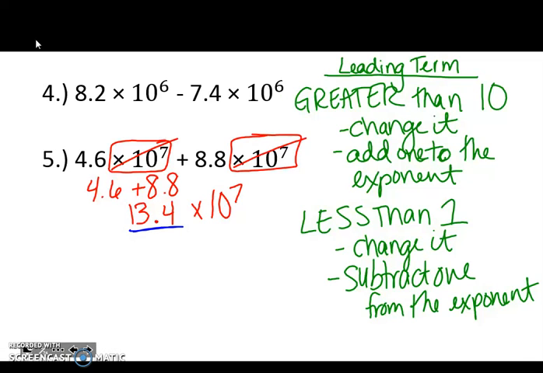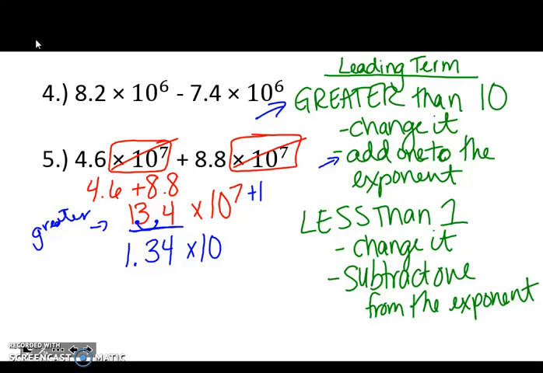Now 13 is greater than 10. So we're going to follow the greater rules on this. So we have to change the leading term. So I'm going to have to move that decimal so that it's between the 1 and the 3. And then I'm going to have to add 1 to the exponent. So the exponent's going to become an 8.